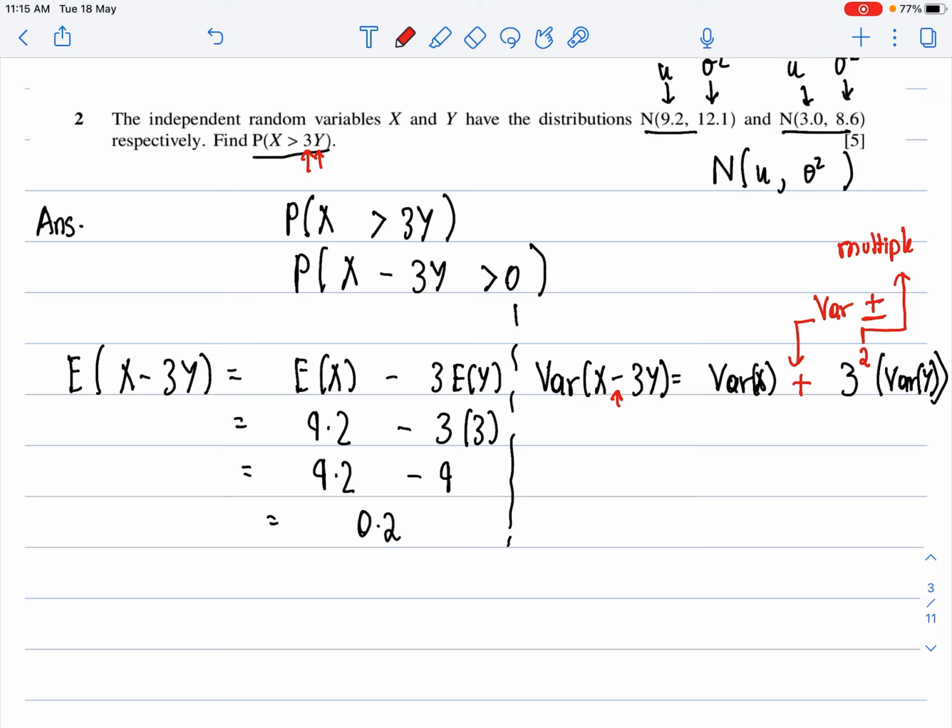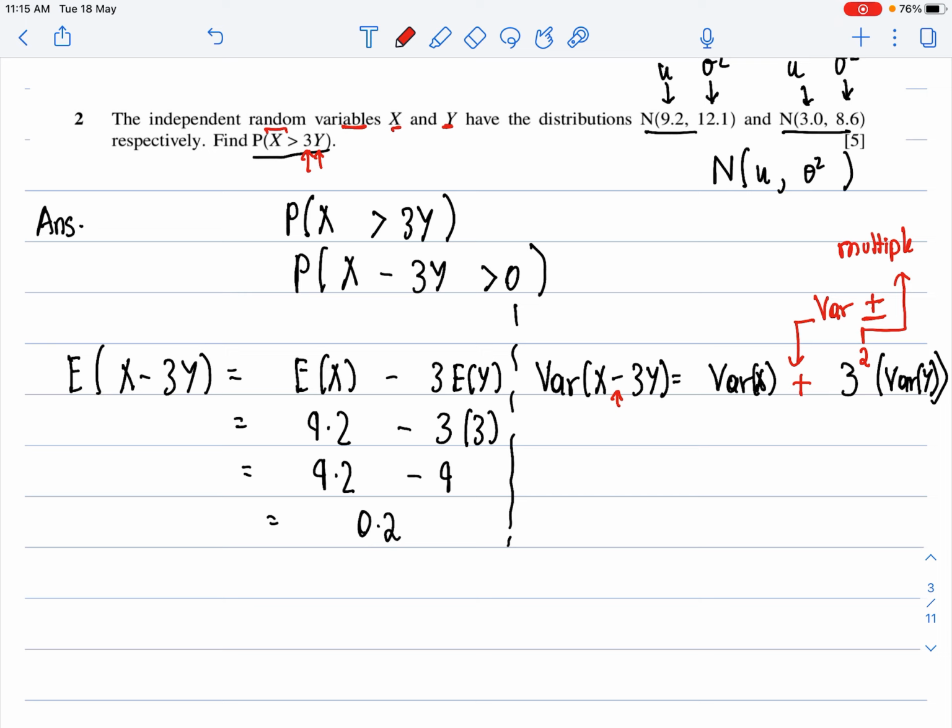So if they haven't specified that they have randomly picked three y's, it means it's a multiple. I know they have used independent random variables, but that does not suggest that these three are independent in nature.